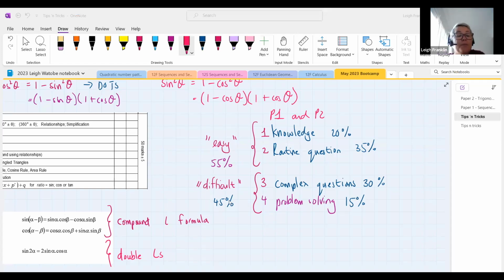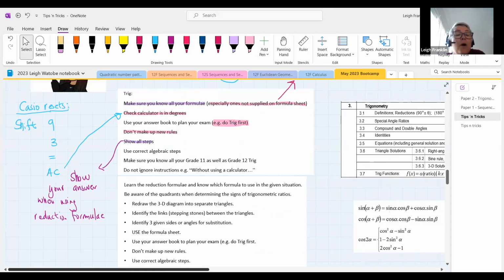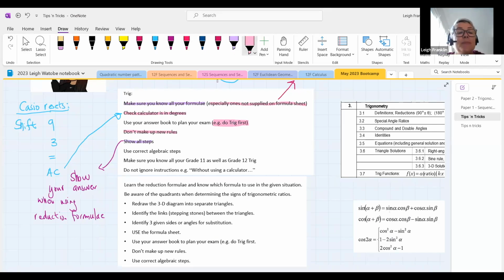Okay. All right for you, no problem. Thanks for your question. So let's go back to trig. Okay, so use correct algebraic steps. When I say use correct algebraic steps, I'm really referring to things like if you say sine theta plus sine theta, that's 2 sine theta. Or if you've got cos theta times cos theta, you would write that as cos squared theta.